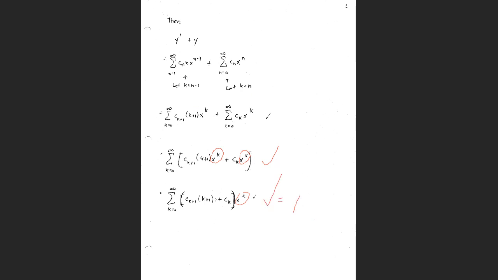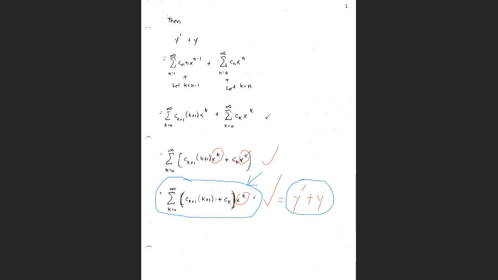What is this equal to? This is equal to y prime plus y. I can rewrite the left-hand side of my differential equation like this. So y prime plus y is equal to this power series.